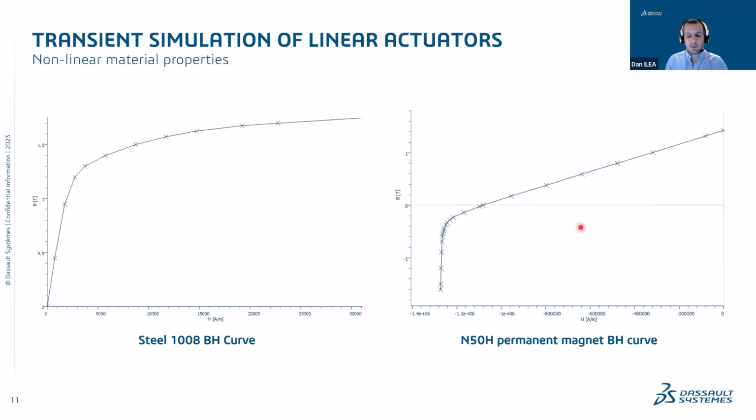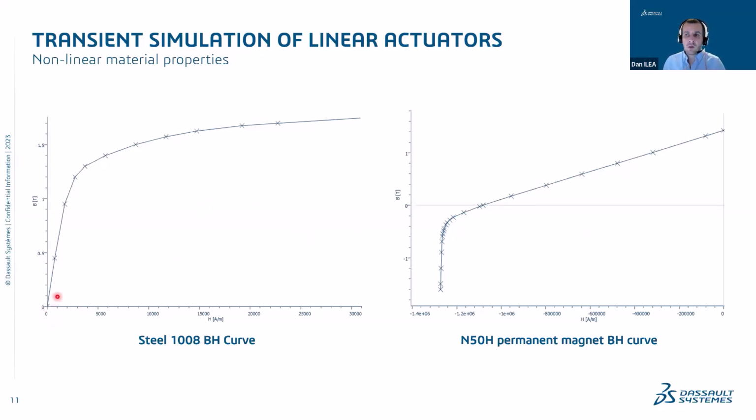Now I talked about material properties. Besides the accurate representation of the geometry and having a good mesh discretization, the other very important part is having an accurate representation of the material properties of the device, in this case the actuator.